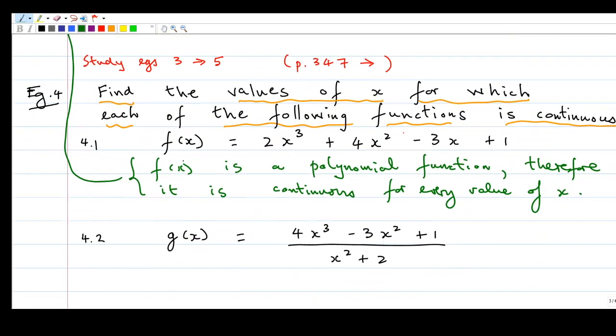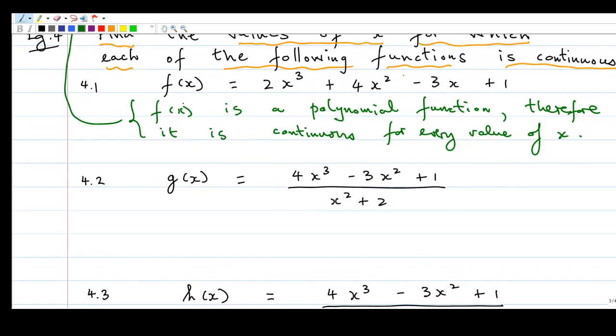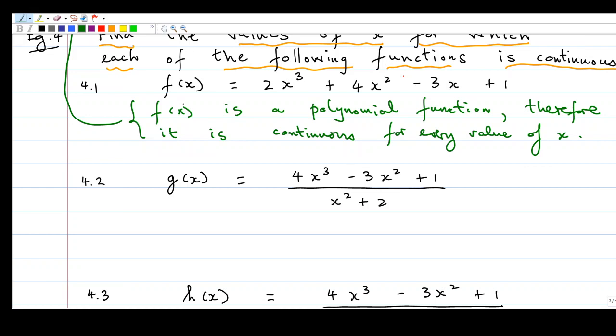We're looking now at 4.2. Your g of x is a rational function. That's the first point to note over here. You can see that both the numerator and the denominator are polynomial functions.